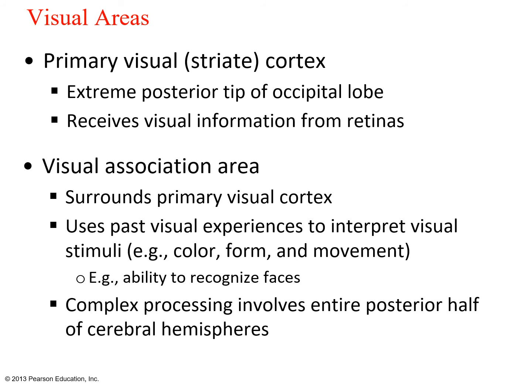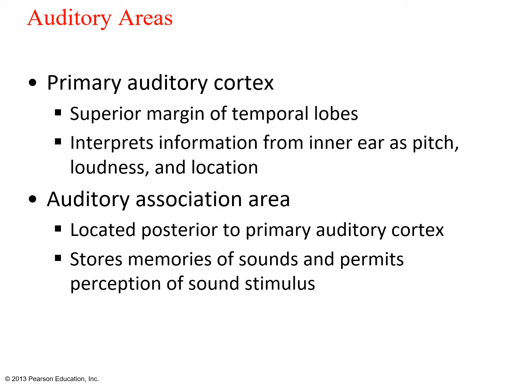So as I mentioned in lab, we are organisms that are very dependent on our sense of sight, and therefore we have quite a bit of our cerebral cortex devoted to the visual association area. The primary auditory cortex is located at the superior margin of the temporal lobes. And what this does is receive information like pitch, loudness, and location.